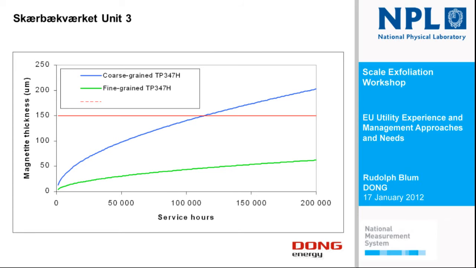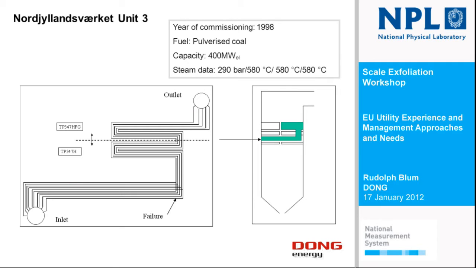Whereas if you use coarse-grained, you will definitely come above 150 after 100,000 hours. In this particular case, we were not at that number of service hours, and I think we had an excuse. This exfoliation was happening under very severe and very specific circumstances. No one will make such a thermal shock normally.